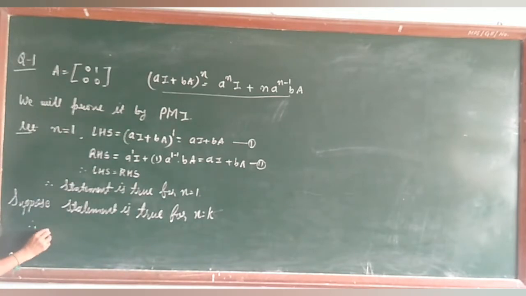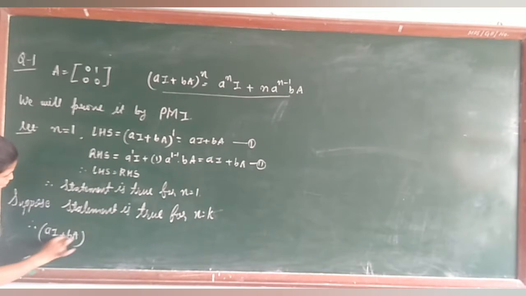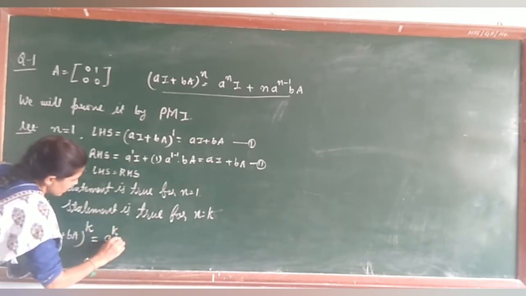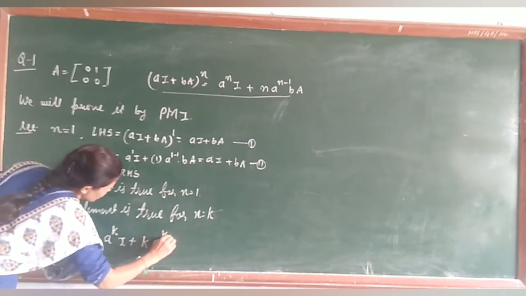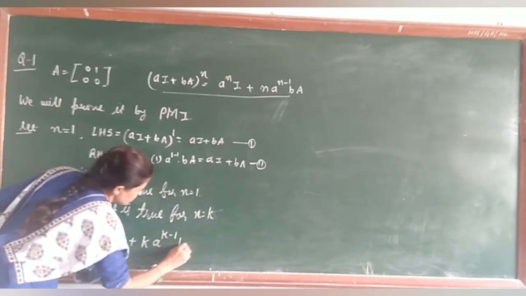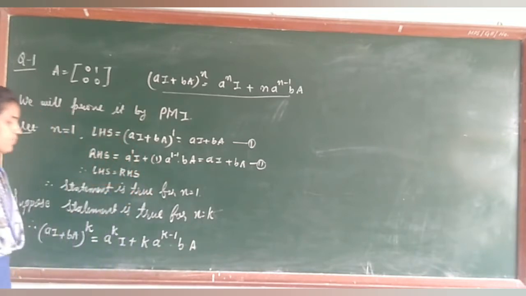So therefore we will write down like this: (aI + bA) raised to k is equal to a raised to k into I plus k a raised to k minus 1 into b into A. Right?